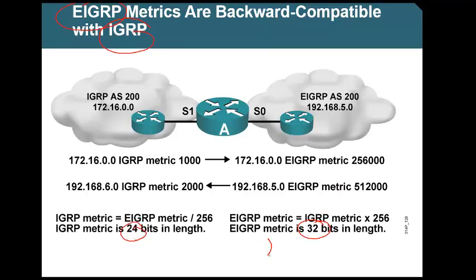If you want to convert from IGRP to EIGRP, you multiply it by 256. They are compatible if the autonomous system number is the same. They are auto-compatible, backward compatible. You don't need to do anything. All these things will happen automatically. But this topic is not important because we don't have the protocol IGRP now.